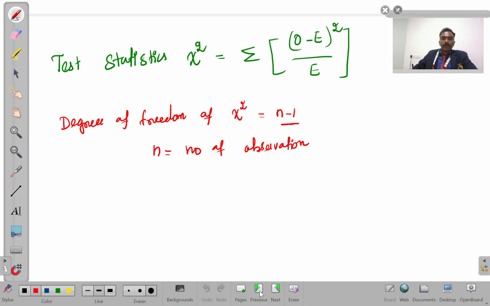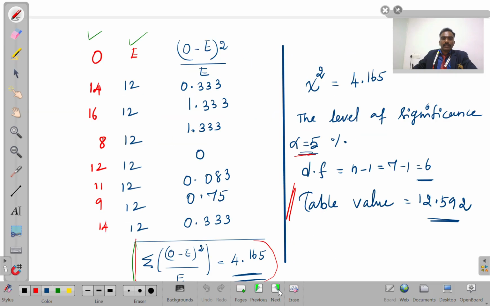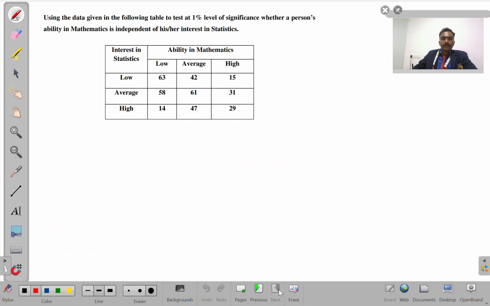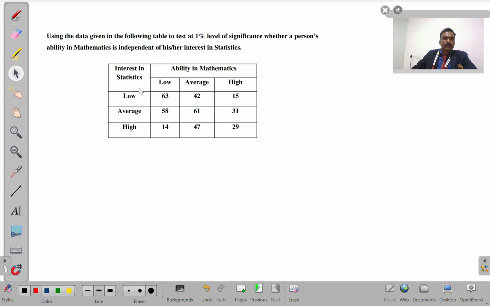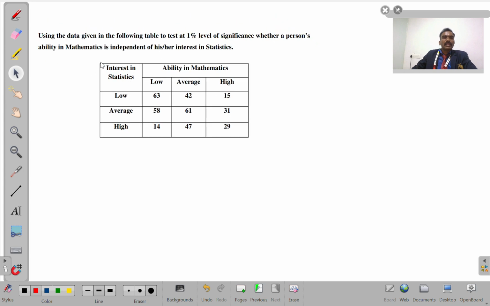We'll discuss a problem in the chi-square test. Using the data given in the following table, test at 1% level of significance whether a person's ability in mathematics is independent of his or her interest in statistics.